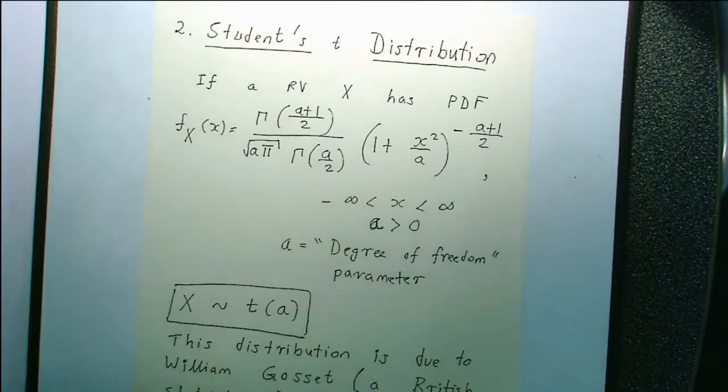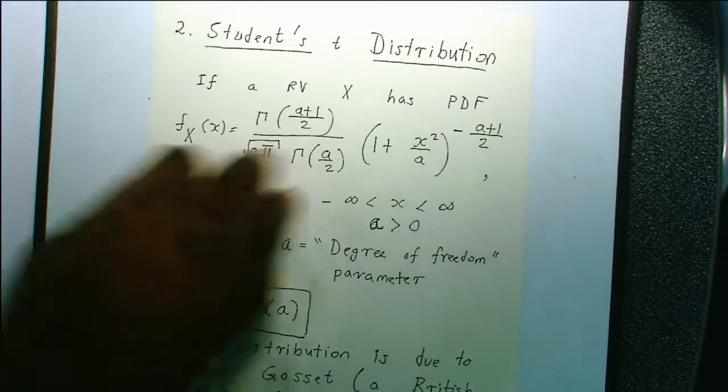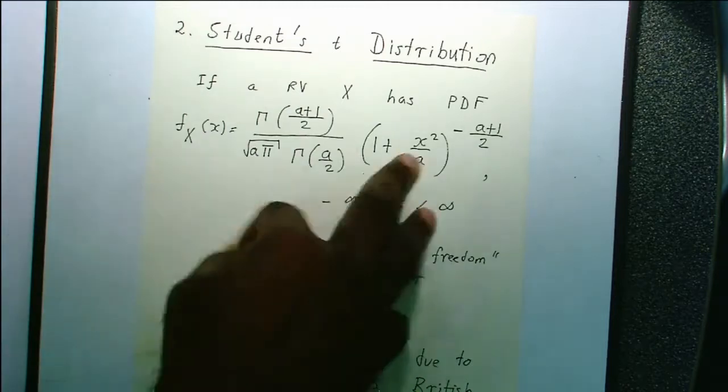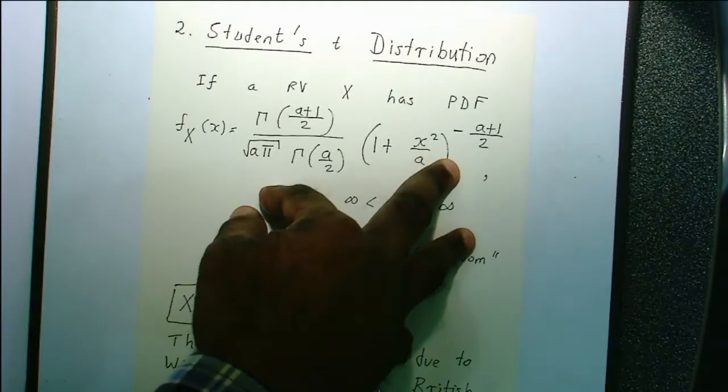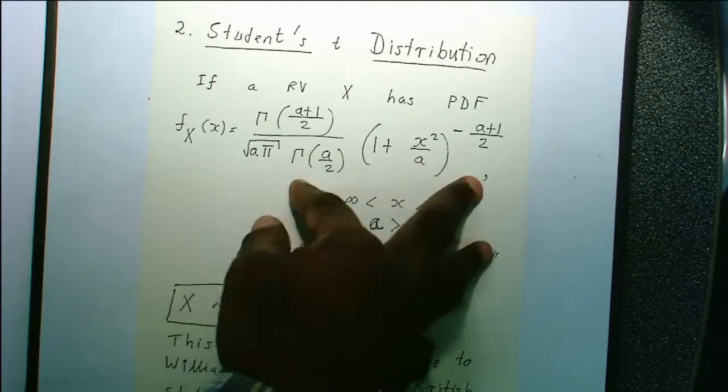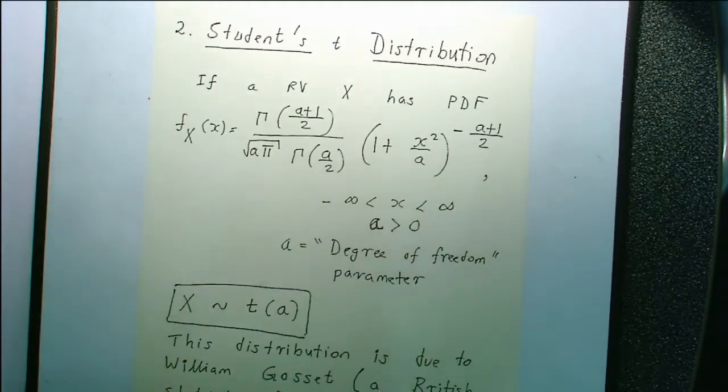Remember, for the normal distribution, there is a mean parameter and a scale parameter. But this one has neither of the two parameters. It doesn't have a mean parameter and it doesn't have a scale parameter. So you can actually make this density to have a mean parameter and a scale parameter, and this is how you do it, right?